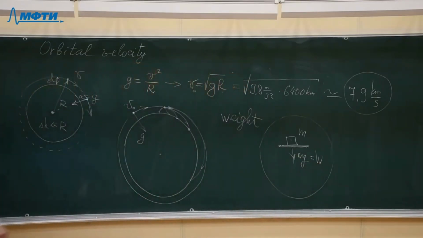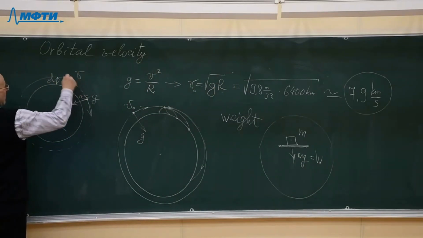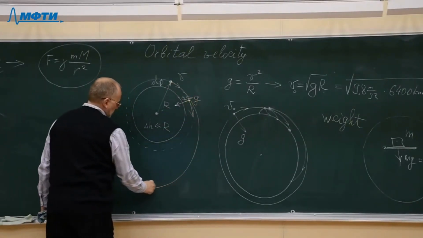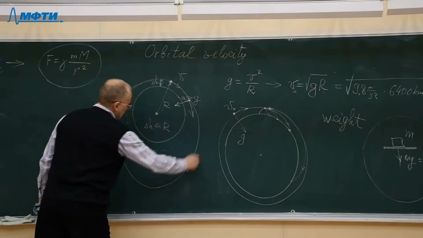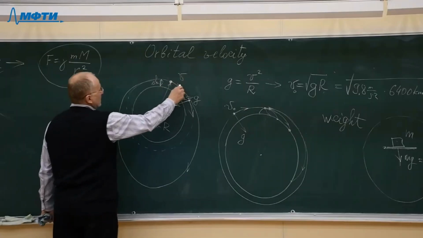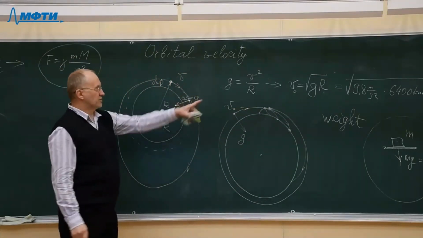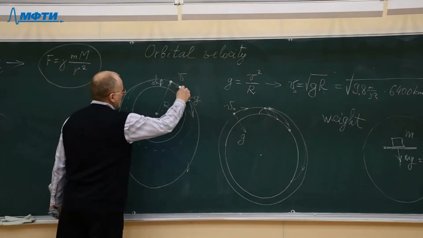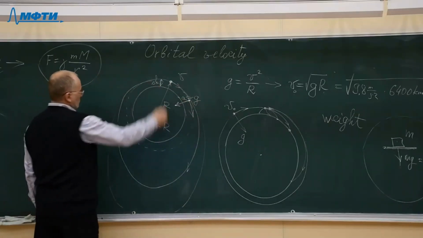So if you impart a large velocity to a body, then it will go along some elliptical trajectory in this way. That will be the trajectory of motion if the velocity is larger than the orbital velocity, if you give a velocity larger than 8 kilometers per second. And if the velocity is even larger, then the trajectory will go farther from the planet.